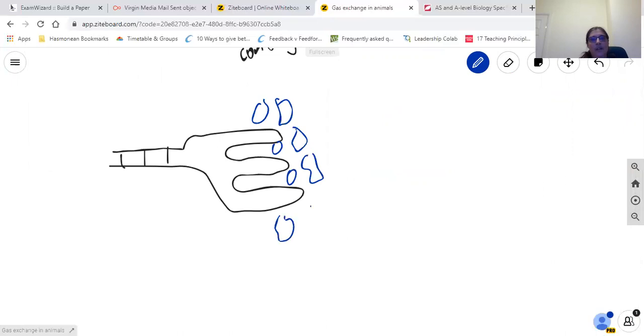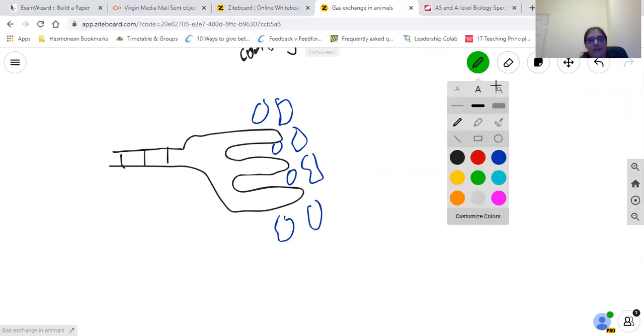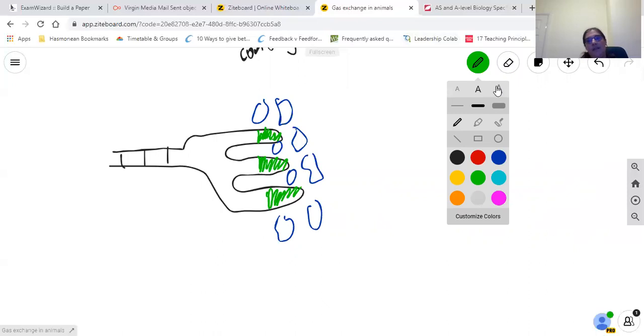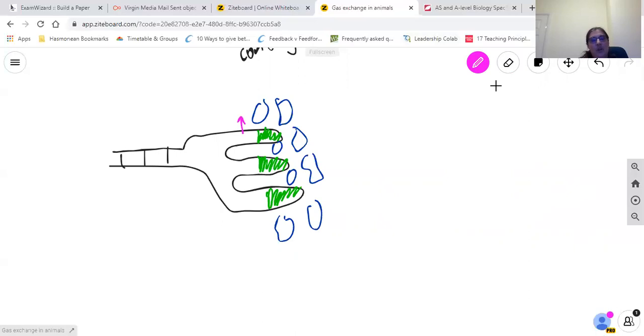If we have a look inside the tracheoles, what we see is that there is fluid inside them. And gas exchange can only take place across the area where there is no fluid. So here you're going to get oxygen going out, carbon dioxide coming in, and so forth. Okay, only where there's no fluid.